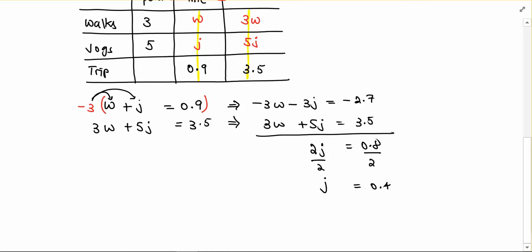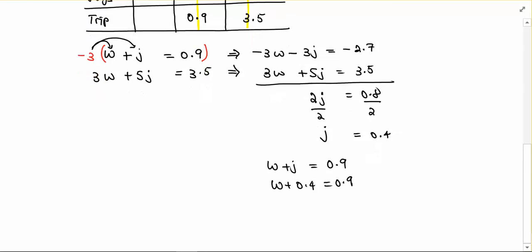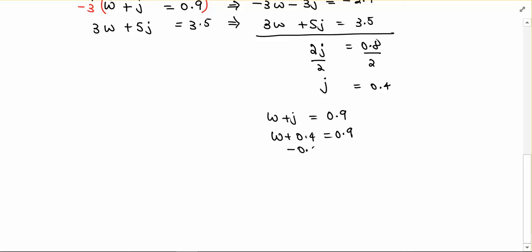Now that I know J, I can find W. W plus J is 0.9, J is 0.4, so W equals 0.9 minus 0.4, which is 0.5.